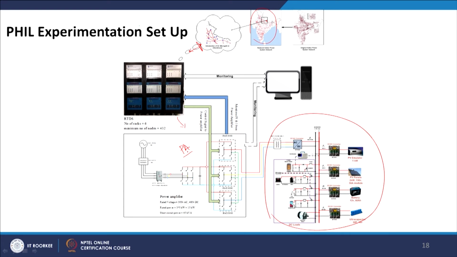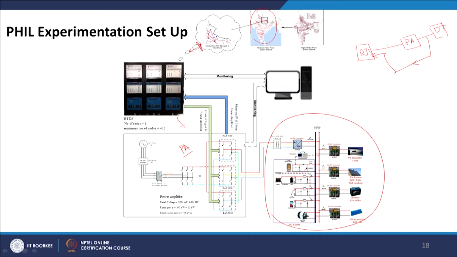Now the same closed loop setup: we have, let us say, your real time simulator, and then we have your power amplifier, then we have the device under test, and further we can give a closed loop signal to my real time simulator.